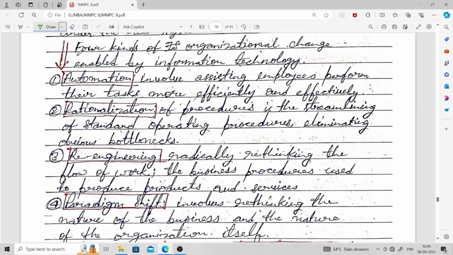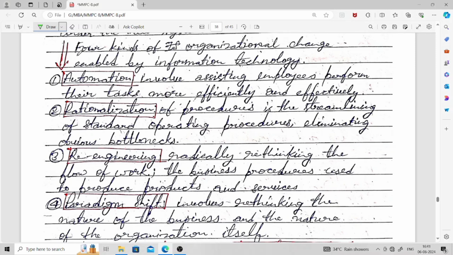Here we think about whether the workflow right now is going in the right direction or not. If it is not, then we consider what different things we need to change. That is the third kind of organizational change which happens due to information technology.